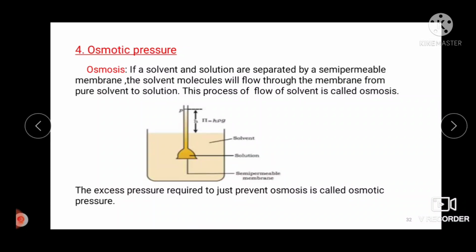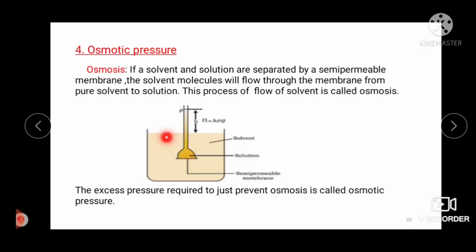Let us now understand what osmosis is through an example. Consider a system in which pure water is kept separated from an aqueous solution of a substance by means of a semi-permeable membrane.